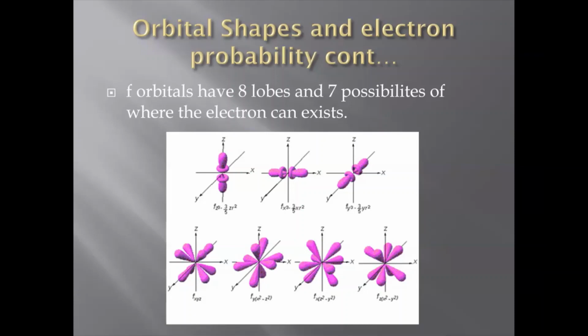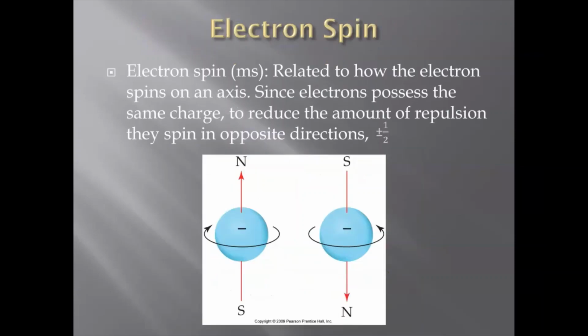This is an f orbital, and an f orbital has 7 possibilities. And again, it's that pattern that you see there, 1, 3, 5, 7. So those are how the electrons are arranged amongst the possibilities of where the electrons can be found based off the principal quantum number, the angular quantum number, and then the magnetic quantum number.